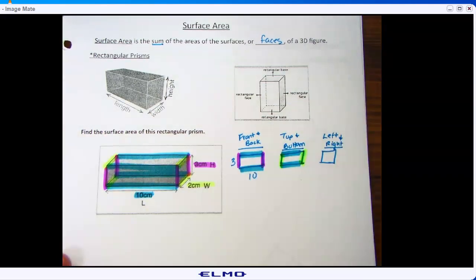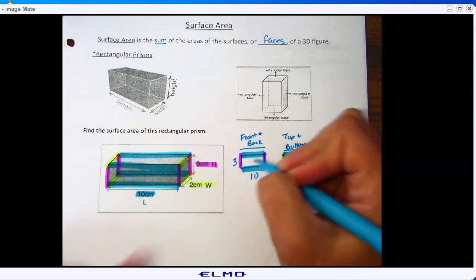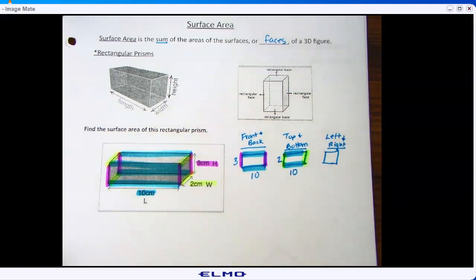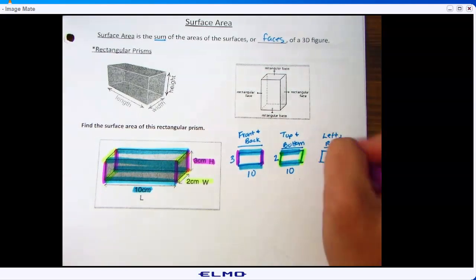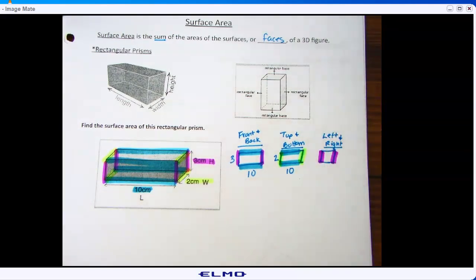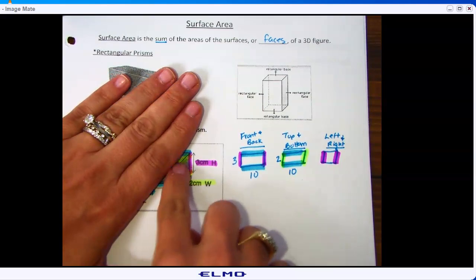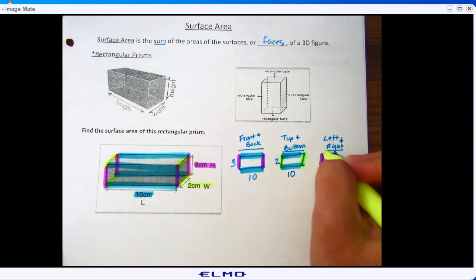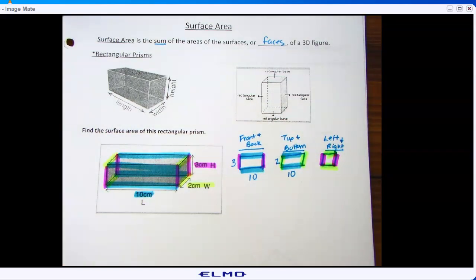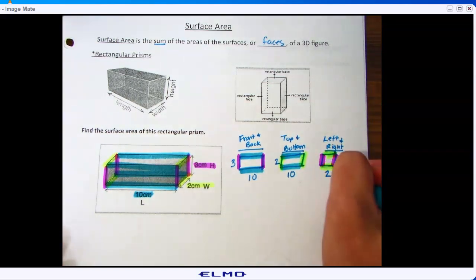Again, blue represented 10, yellow represented the 2. And then our left and right, you cover up again, you see the purple and the yellow. The yellow represented the 2, purple 3.